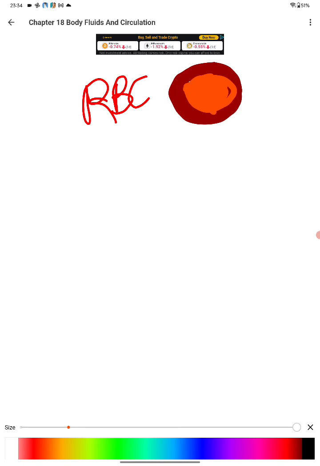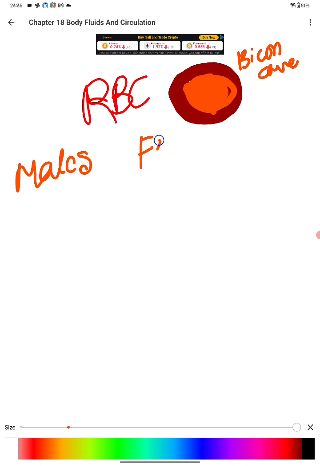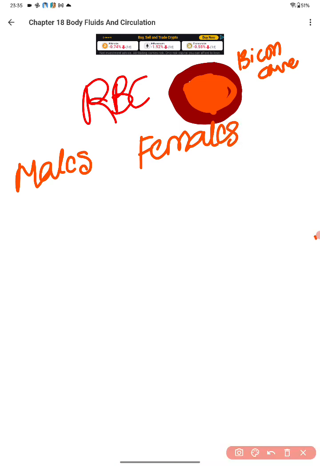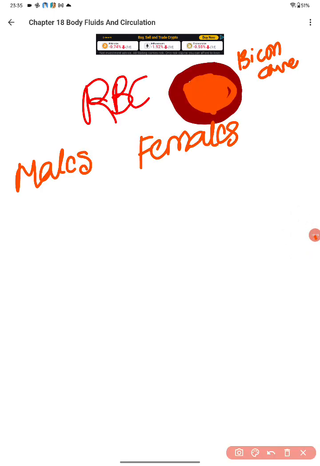Shape is what? Biconcave. And in males the number is different because of several factors I will discuss here. So in males and females the RBC count is different.